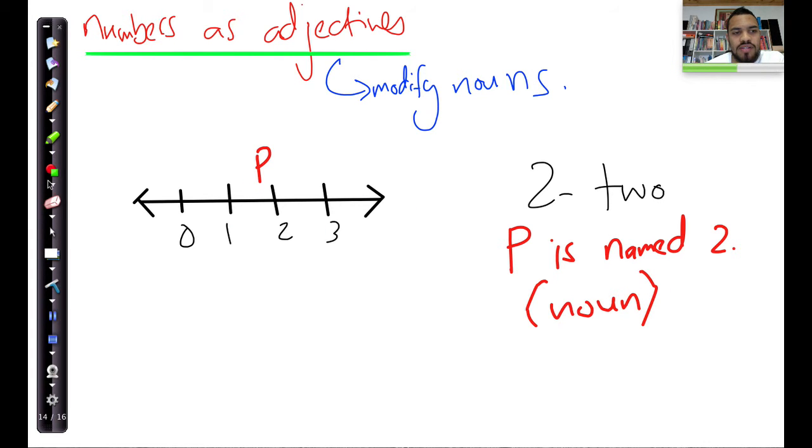In this case, the point P is named by the number 2. That is the name. So it's a naming word, and therefore it's a noun.